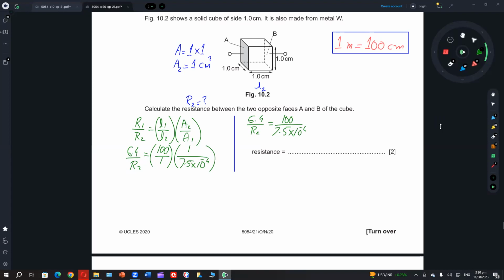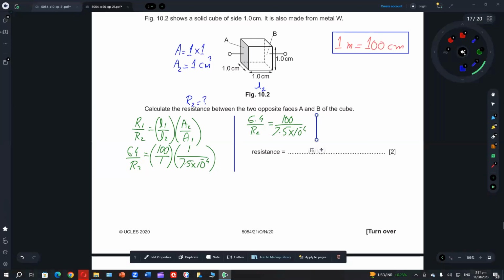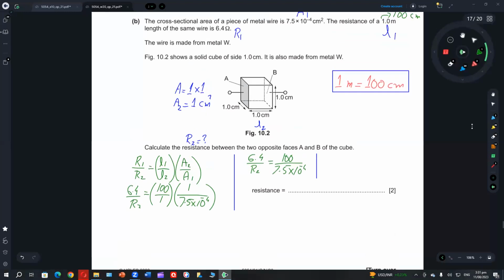To copy these steps. Copy this working and get the answer.